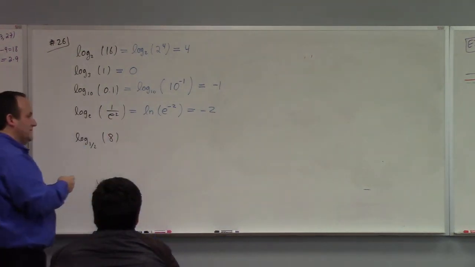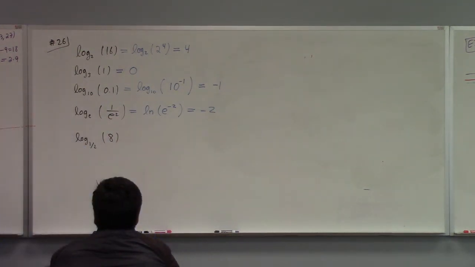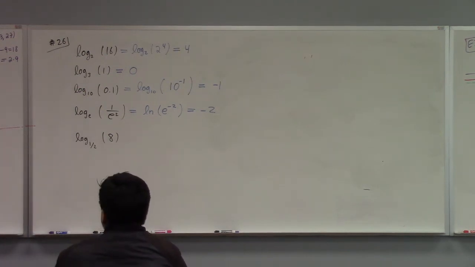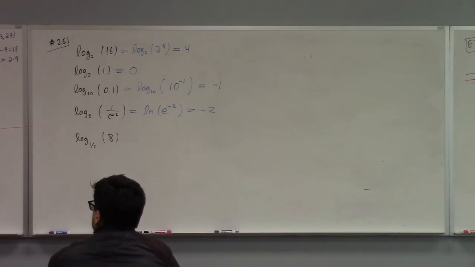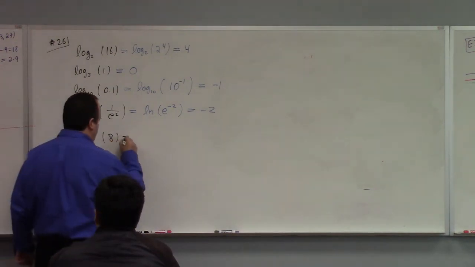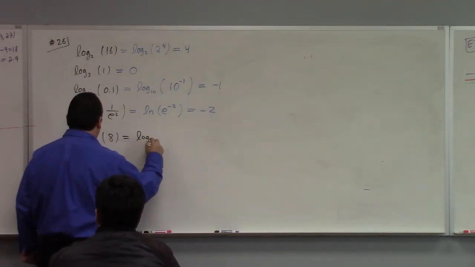This one is weird. So here I'll show you how I think about it, and you can take it or leave it, okay? I go, all right, so I need fractions.